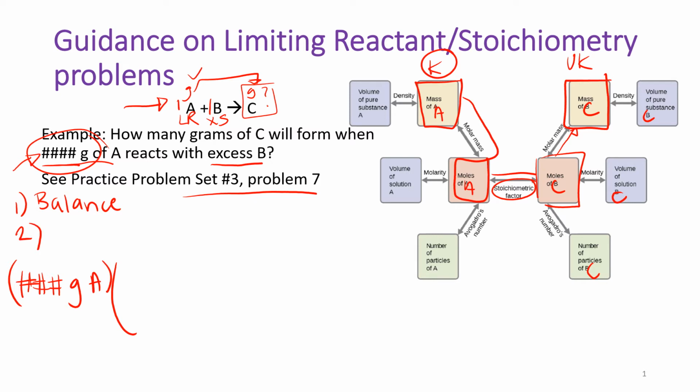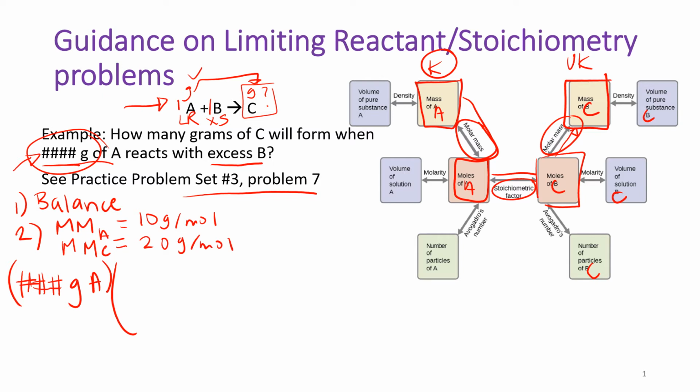From there, you do your prep work where you find the molar masses that you need. So for the molar mass of A, you would find it, whatever it is, because you know you're going to need it at some point. And then you are also going to need your molar mass of C. So you find all the molar masses that you need, and I'm just going to make something up: 10 grams per mole, and this is 20 grams per mole, all right?